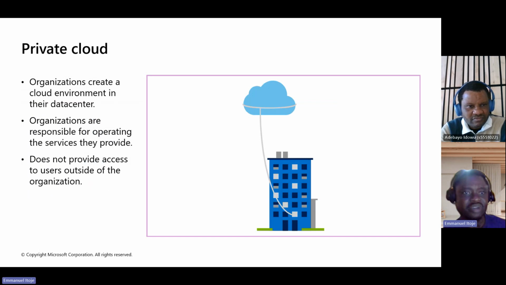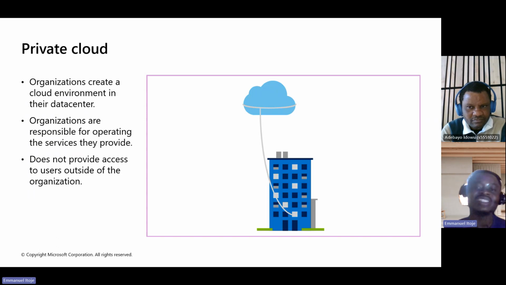Now we have different types of cloud, right? We have the private, the public, and the hybrid cloud. So let's go into them one after the other. What is a private cloud? Organizations can actually create their own cloud environment in their data center.